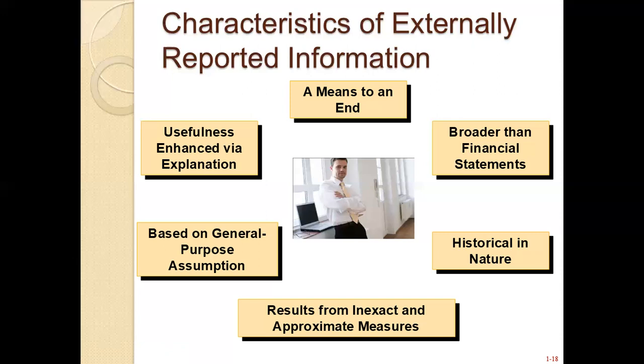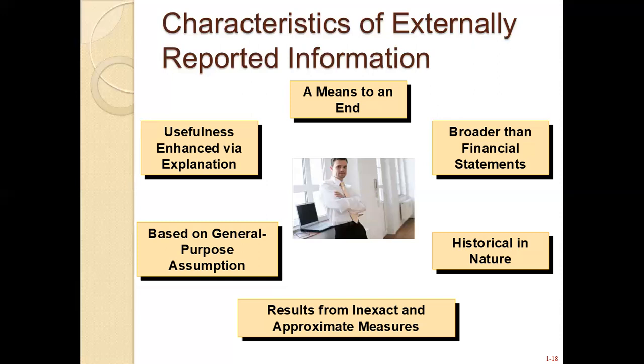The annual report, meaning to an end, is again broader than the financial statement, not a simple statement, and it is of a historical nature. Yes, it is history. If the year 2021-2022 closes in July, then it covers July 2021 to 2022.